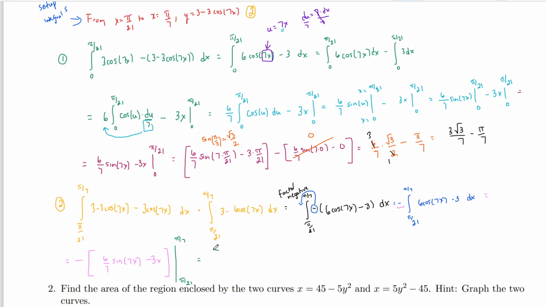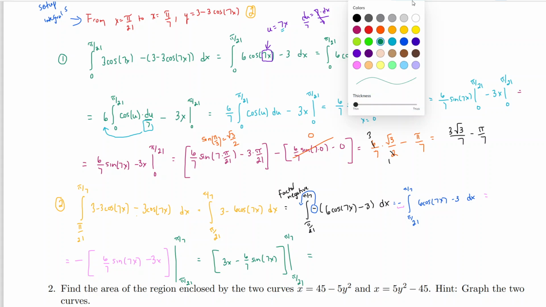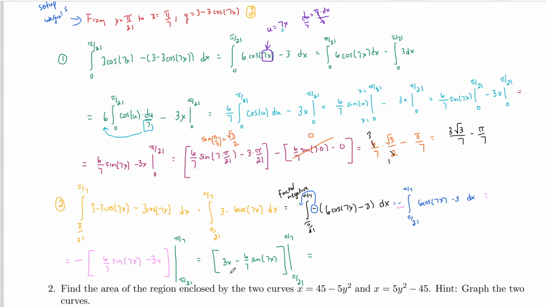So when we take it back in, it's just going to flip the order again. So we get 3x minus 6 over 7 times sine of 7x from pi over 21 to pi over 7. But at this step, you definitely want to just go ahead and plug in the numbers. So we want to take pi over 7 and plug that in.